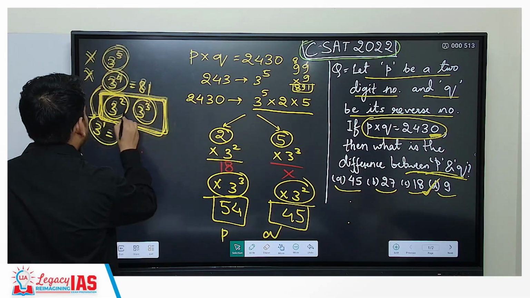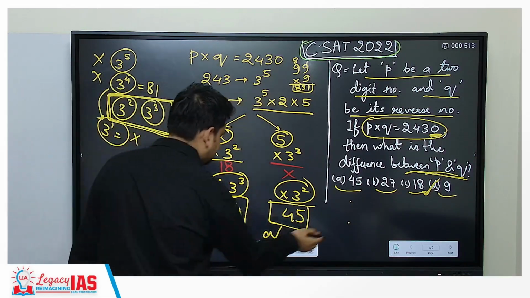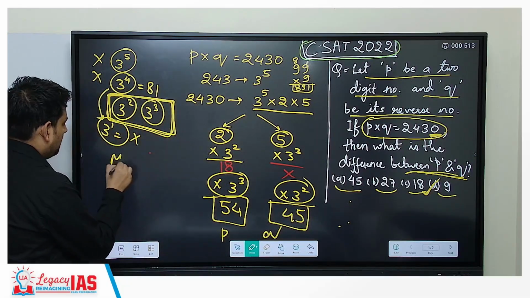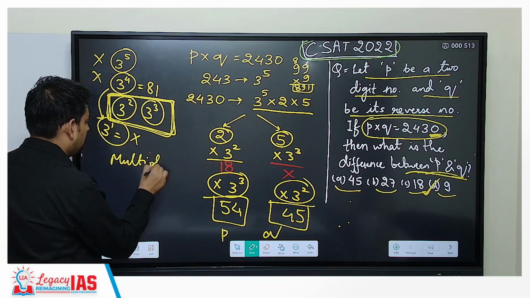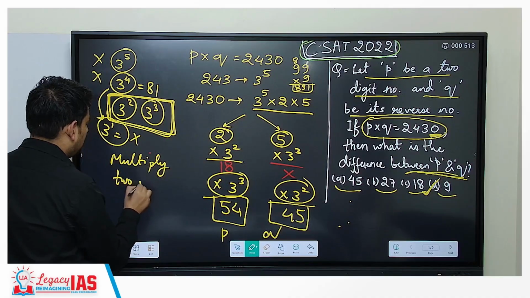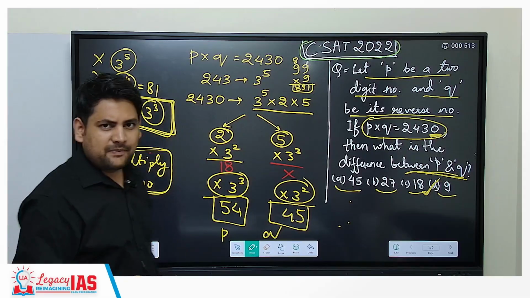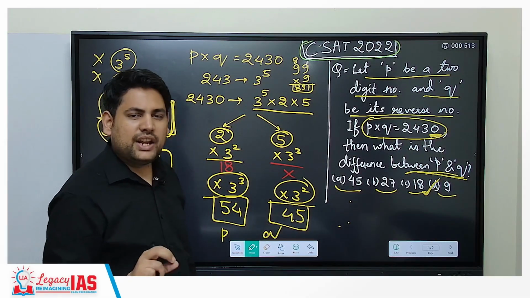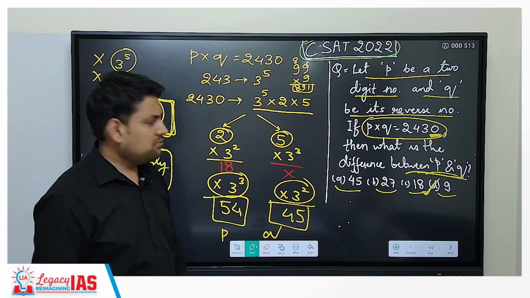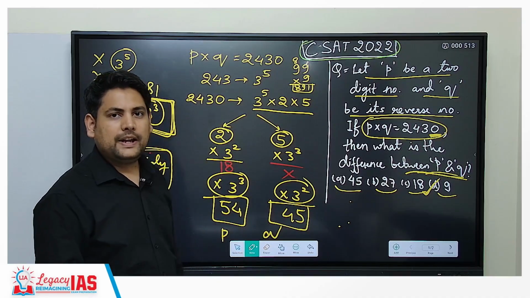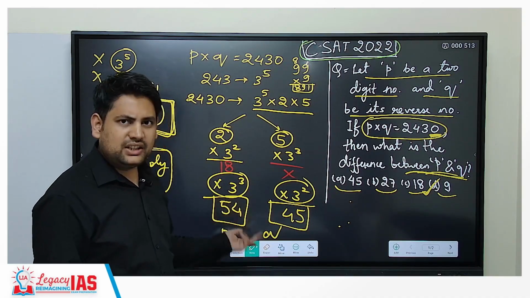Usually whenever you are asked to multiply two numbers, then you try to make them closer to each other. In most questions, those will form your answer. Why? Because we needed interchange here.